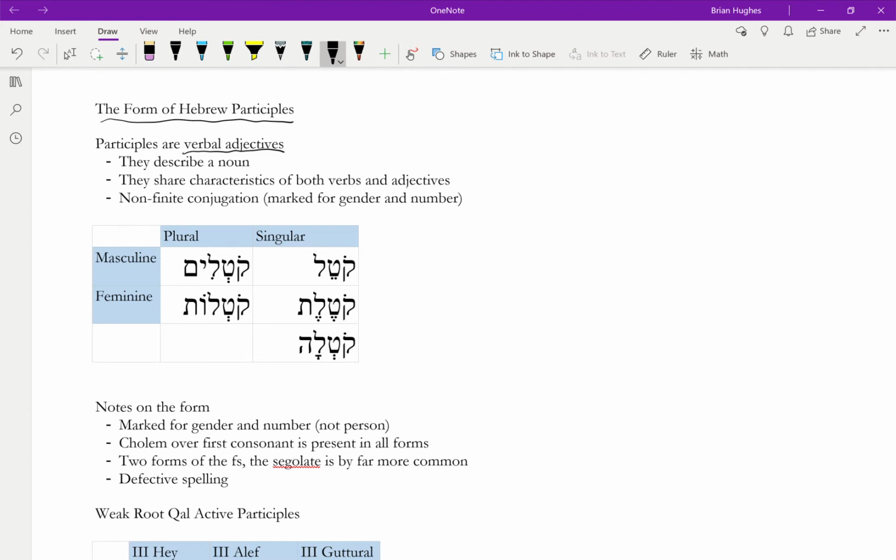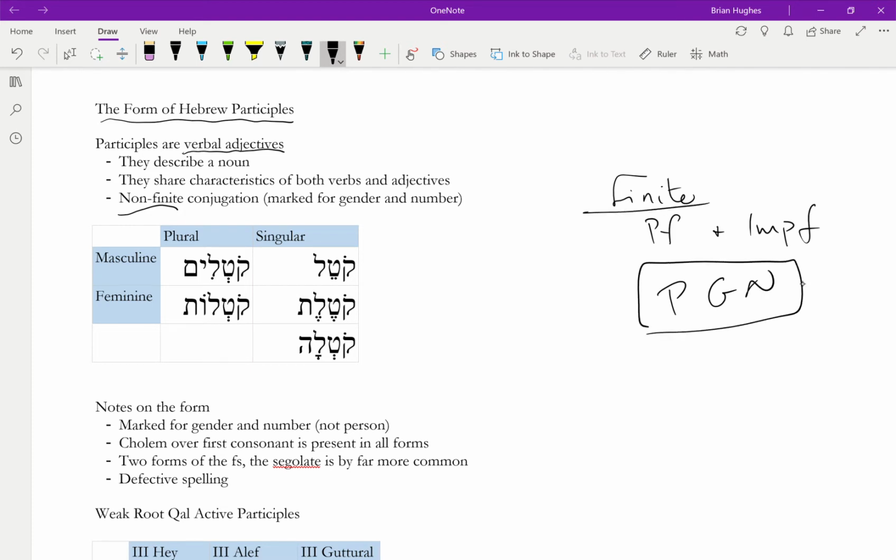As a verb conjugation, it's a non-finite conjugation. Remember, the finite conjugations we've learned so far are the perfect and the imperfect, and both of these are marked for person, gender, and number. This limits who can be the referent of these verbs. Non-finite conjugations are not marked for all three of these.